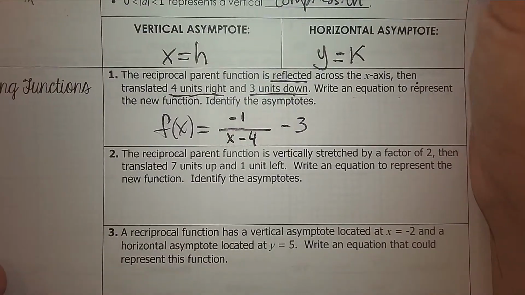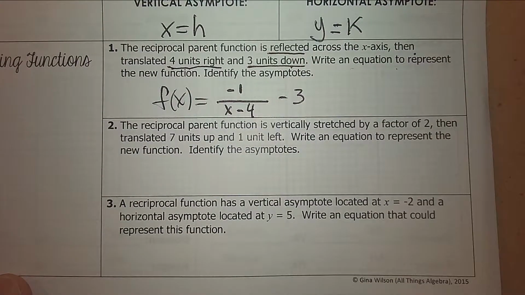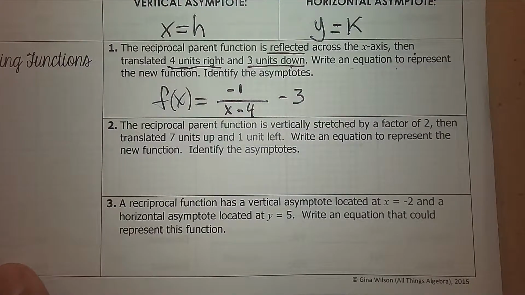3 and 2. 2 first. Read it. Annotate it. Let's write this function down.